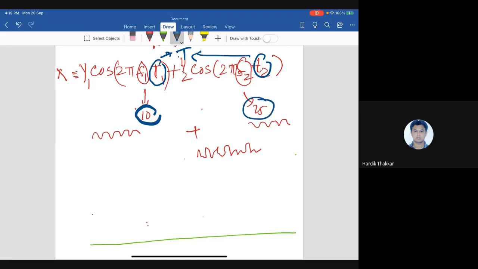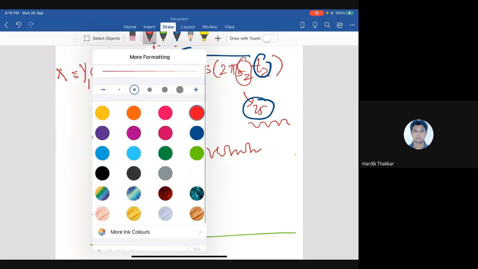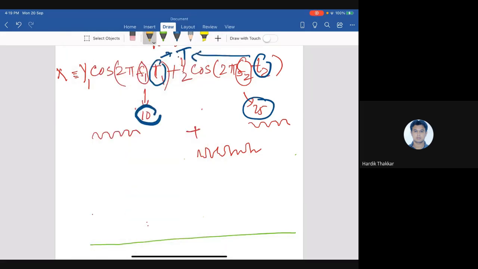But if I change this equation a little, the same x I've written, y1 cos 2 pi f1 t1 plus y2 cos 2 pi f2 t2, with f1 and f2 replaced by 10 and 25.